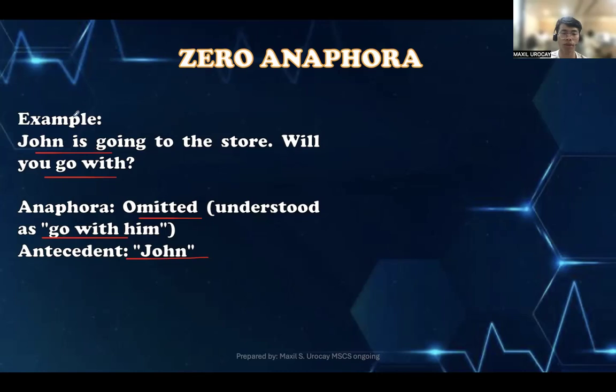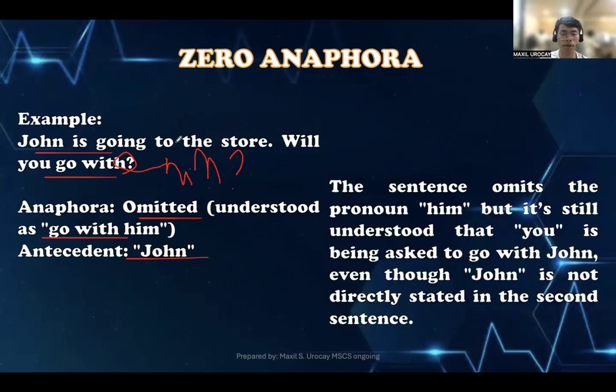Not "will you go with", that is lacking. Let me correct. Okay. So in the sentence we omit the pronoun "him", but it's still understood that you is being asked to go with John.